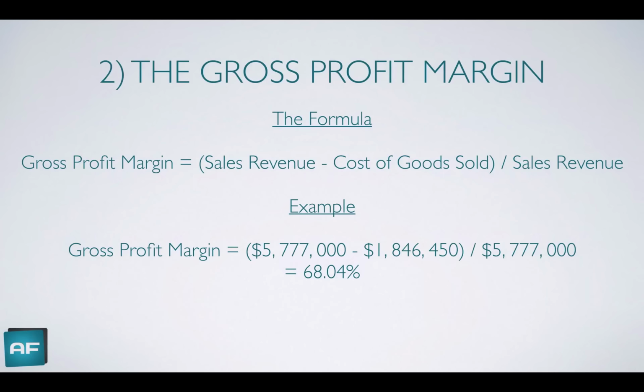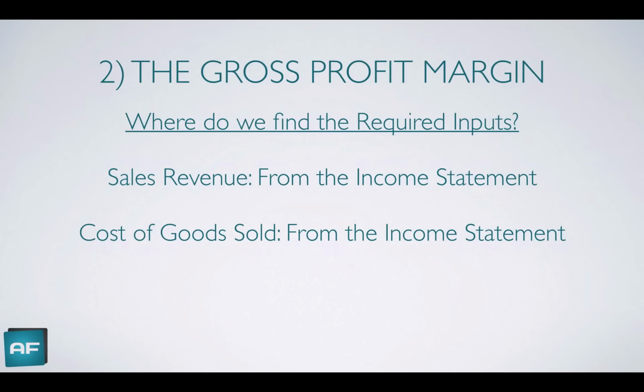Let's take it slowly. Where do we find the required inputs? The sales revenue is simply from the income statement, and the cost of goods sold is from the income statement as well. Cost of goods sold is also known as cost of revenue or cost of sales. It's simply the amount you pay for your inventory costs.